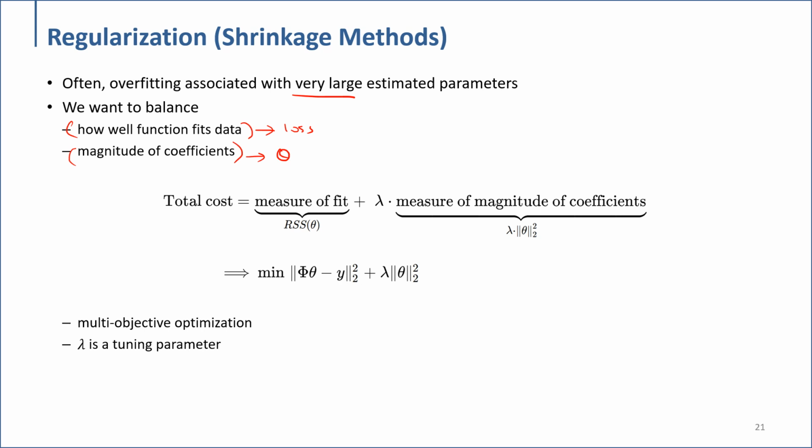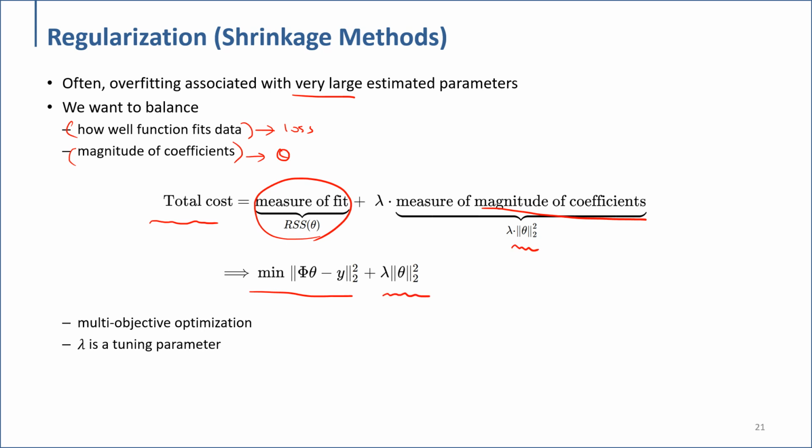So the total cost, or total loss function, becomes a measure of fit, which is exactly the same as our original loss function without any regularization, plus a measure of the magnitude of the coefficients, which is the norm of theta.